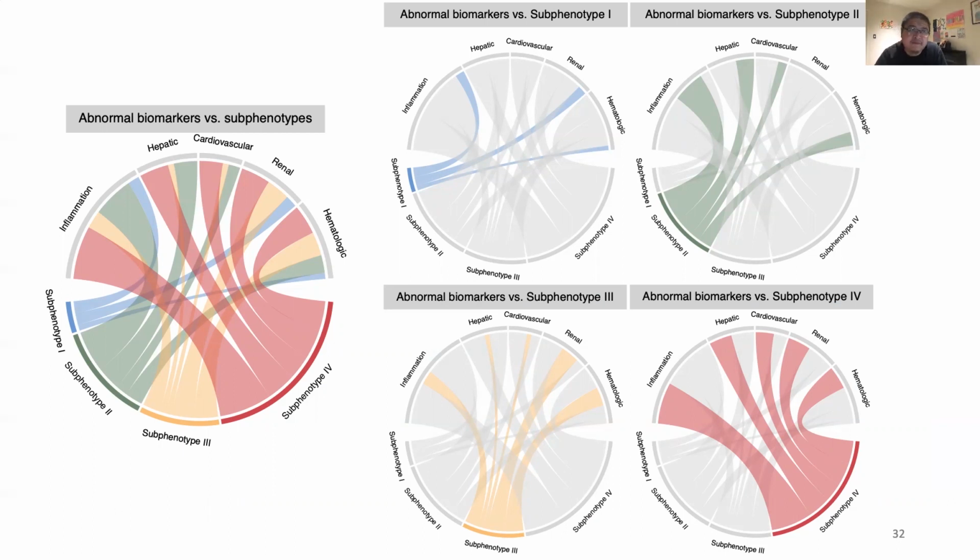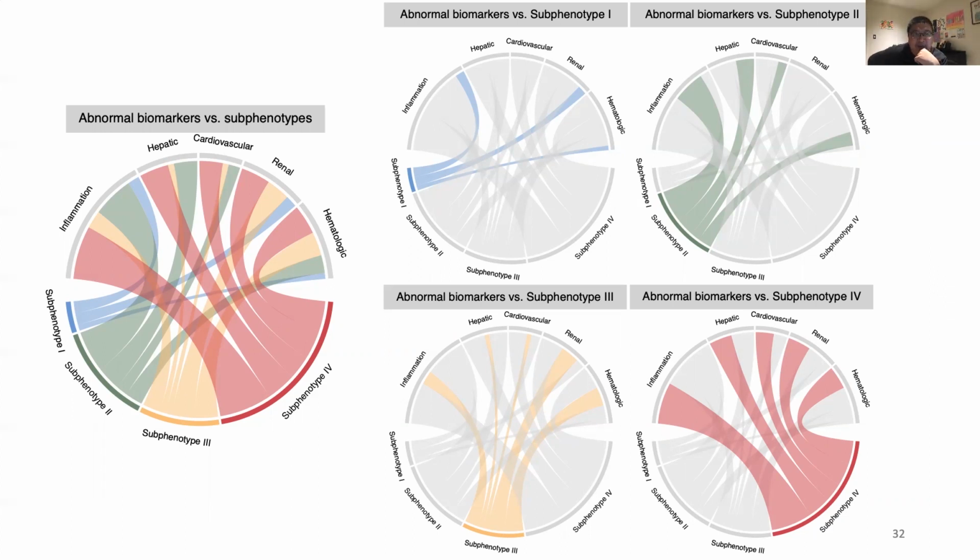We examine if there are any abnormal routine lab tests associated with the different subphenotypes. Here, we can clearly see subphenotype 1 is the subphenotype with the mildest conditions, because they have very few abnormal lab tests associated, and subphenotype 4 is the most severe one.